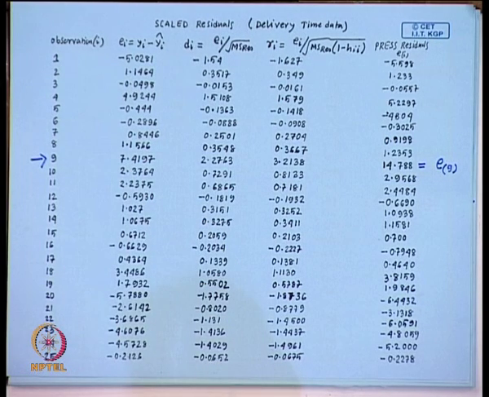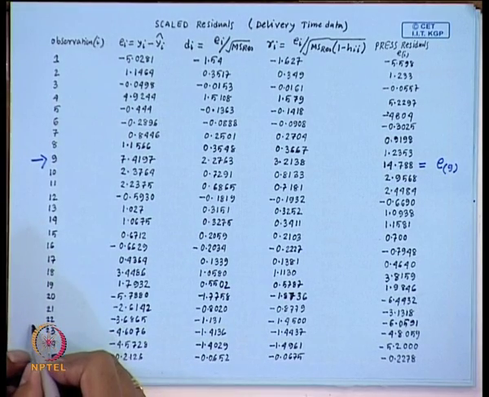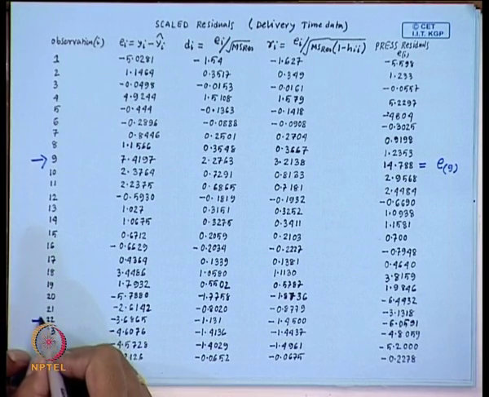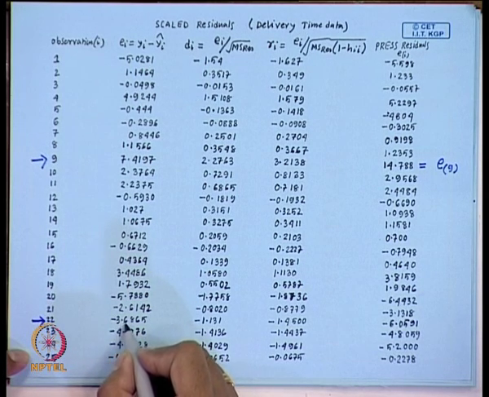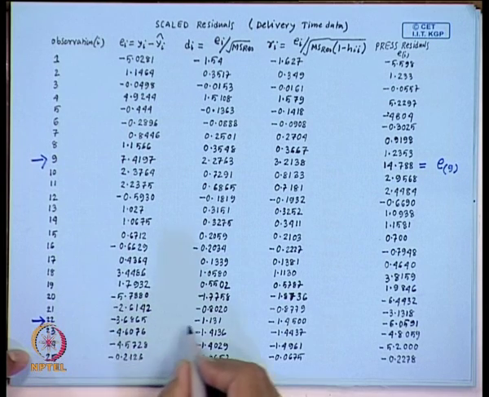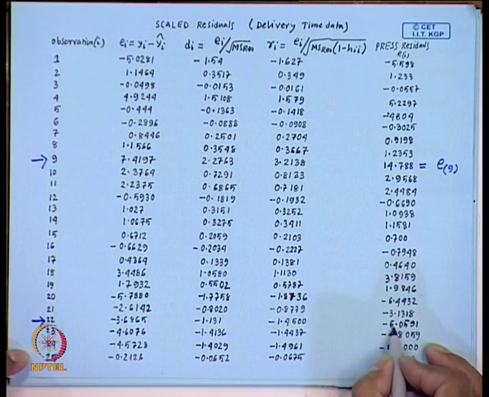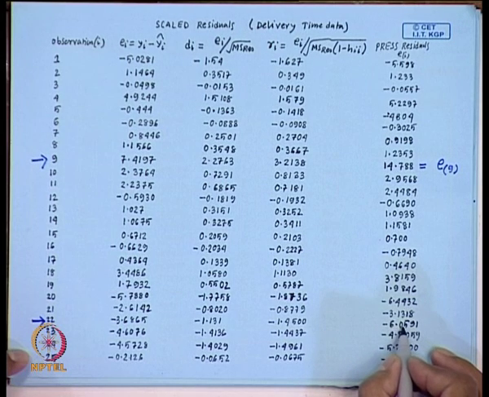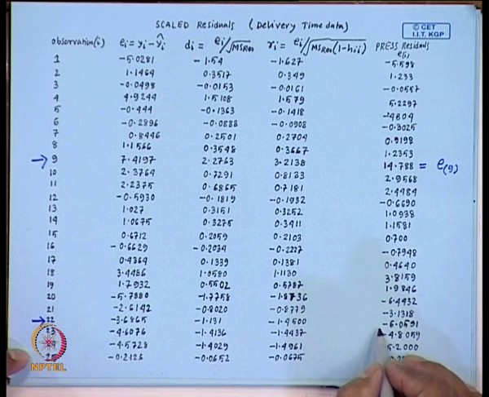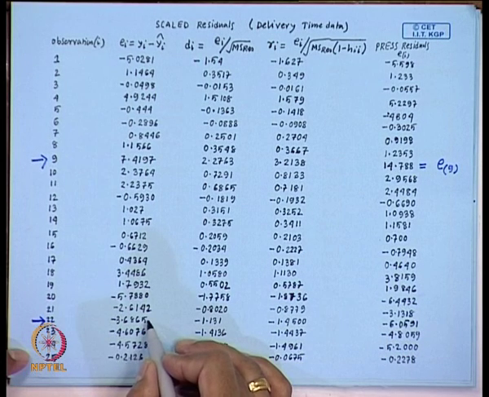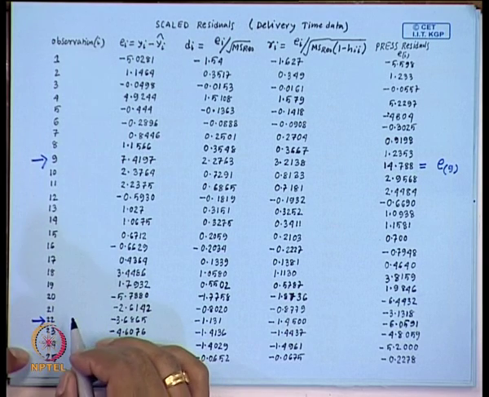Okay. Now, also you can observe that for the 22nd observation, the value of the regular residual is 3.6, whereas the value of the PRESS residual is minus 6.05. So, here also the value of the PRESS residual is substantially larger than the value of the regular residual for the 22nd observation.